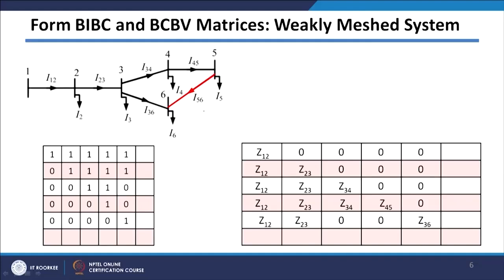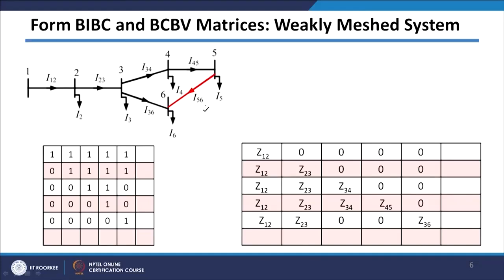Now, to understand this process, let us take one example, or before going to the example, let us see how we can calculate these modified BIBC and modified BCB matrices directly. Consider this example again.